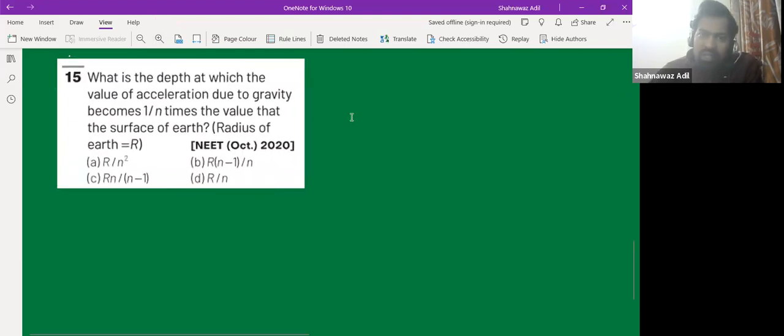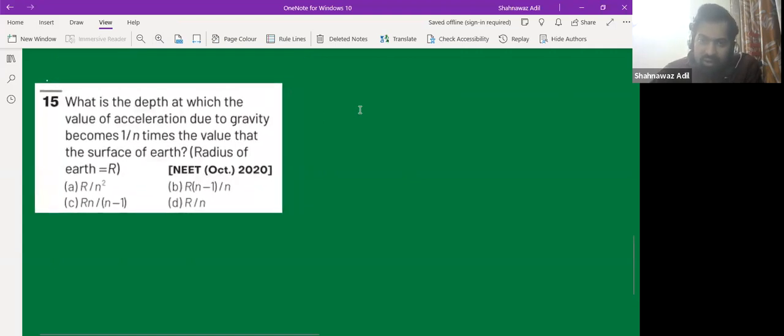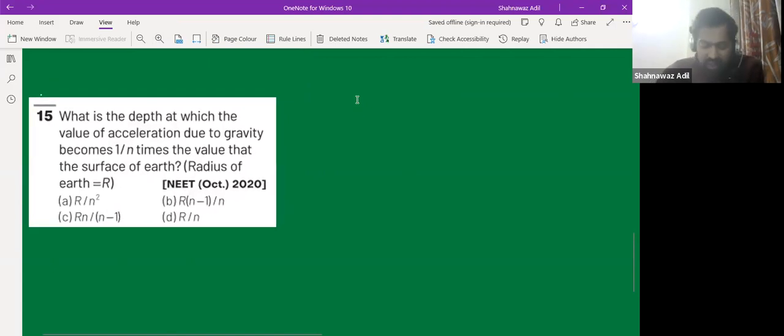What is the depth at which the value of acceleration due to gravity becomes 1 by n times the value at the surface of the Earth?